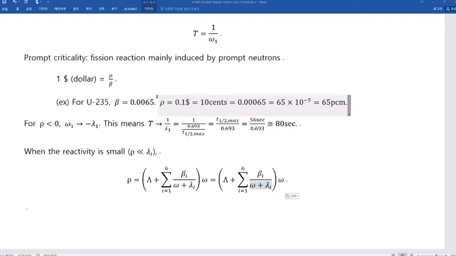So maybe this relation needs some more explanation.